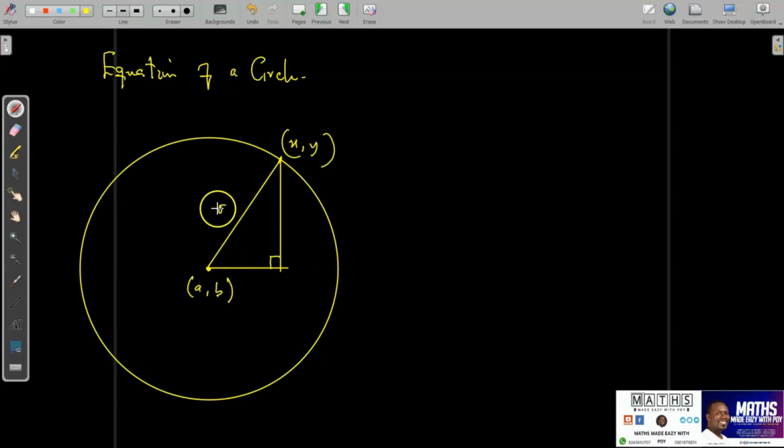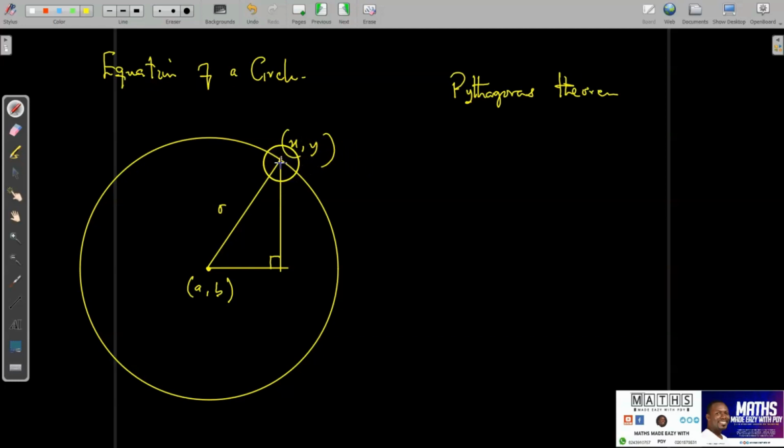The hypotenuse. So we can go ahead and write an equation over here with the idea of Pythagoras theorem. So how does Pythagoras theorem go?